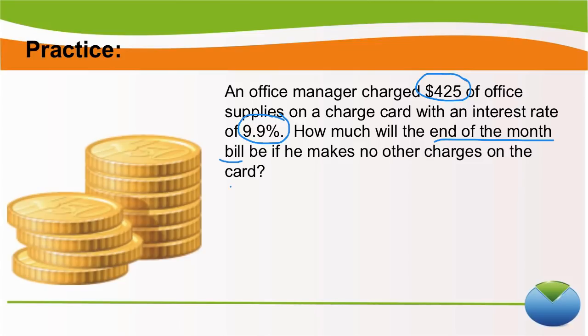So we're going to use our formula. Interest equals the principal, the money, times the rate with a percent sign, times the time in years. So we can fill in some of this information. The money is $425. The rate is 9.9. Don't forget your percent. But the time in years, we don't know yet.